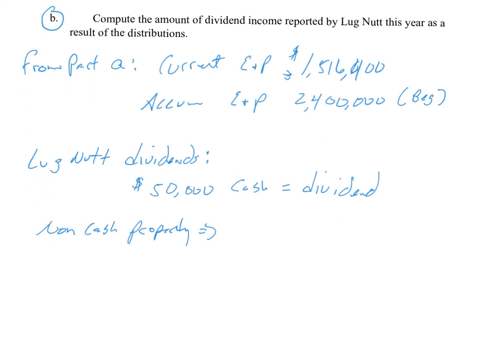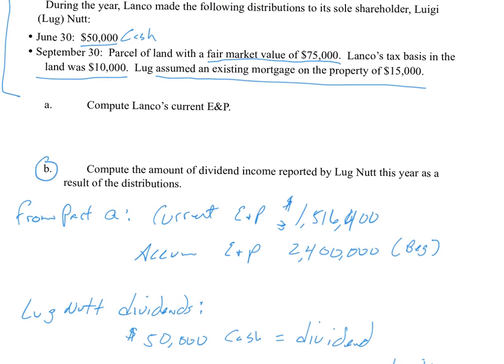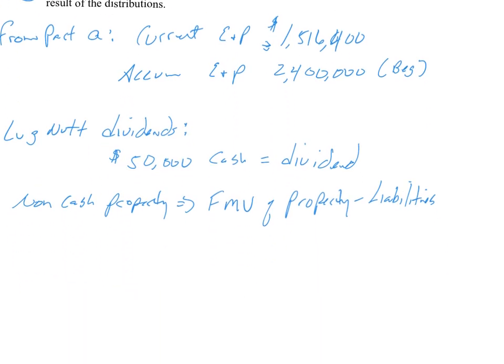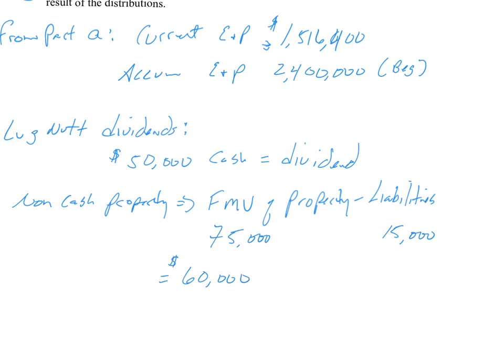Remember, we have to look at the fair market value of what he receives minus any liabilities assumed. Fair market value is $75,000, existing mortgage is $15,000. We just do the arithmetic there, and so the value of non-cash property is $60,000.